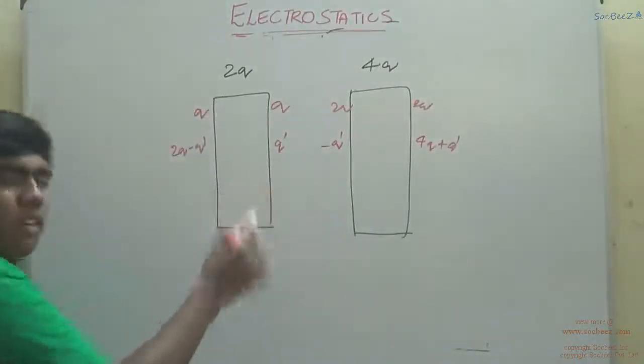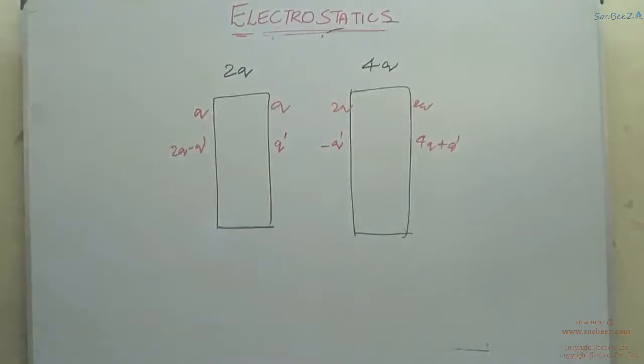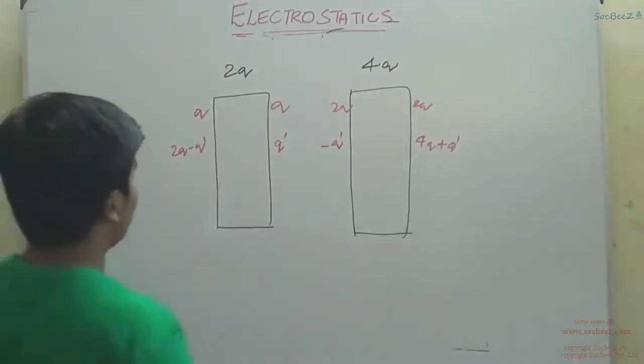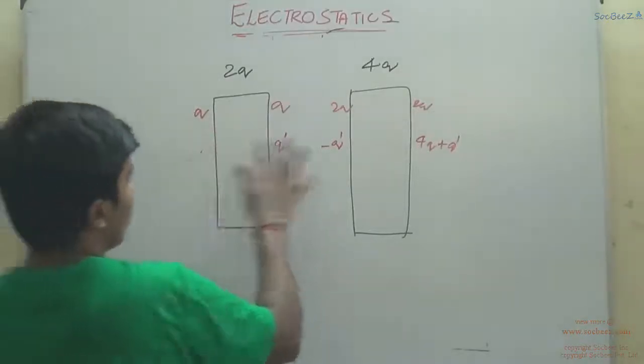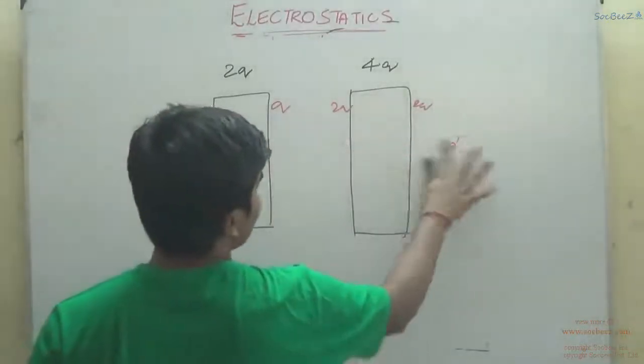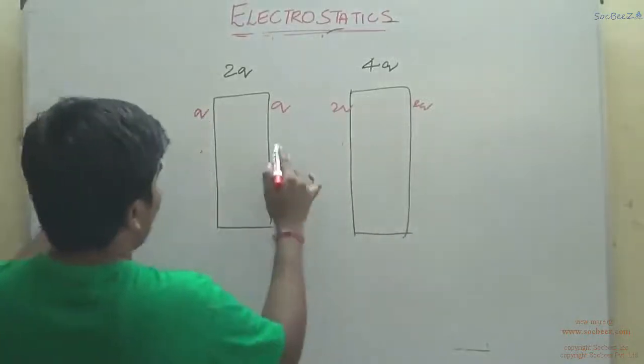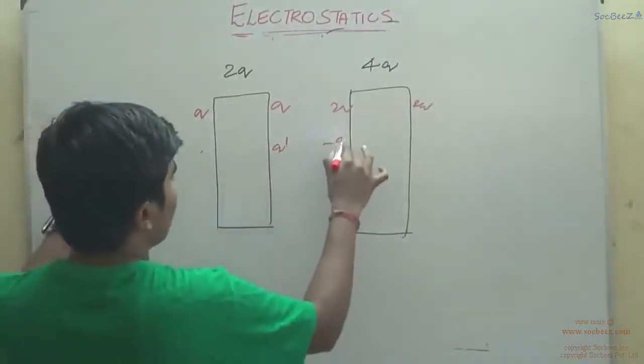Now take any point and find out the electric field. That would lead us to an answer. But instead of doing all this, I'll tell you a technique which we can use to find the answer. Let us say we'll have this q dash here itself.